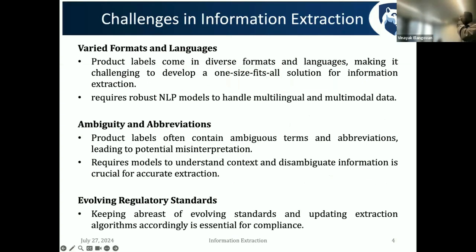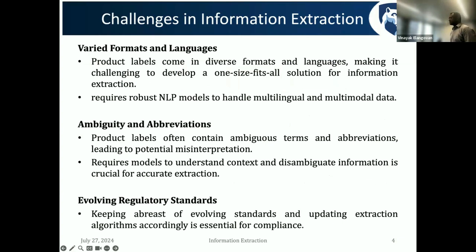Okay. These are a few challenges to extract this information. Most of the product label formats are different. They're very diverse. We cannot have one system to fit all those product labels. So we have to somehow categorize those product labels and apply our technique on those.